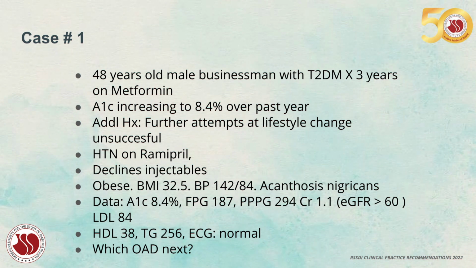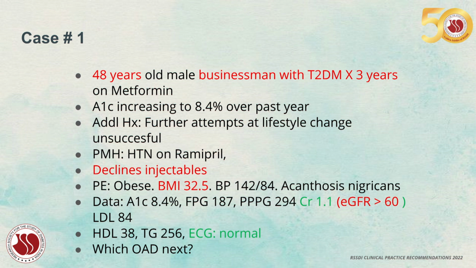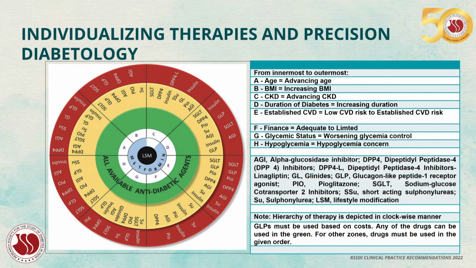So now if we try to analyze the important factors in this person, he is 48 years, so age is not a concern. He is only 3 years duration of diabetes, does not want injectables. The major concern is his BMI. Nothing else is a major concern here. Now, if we go back to the wheel, and if we look at the BMI as concern, the preferred drugs would be SGLT2 inhibitors or GLP-1 as addition to this metformin.